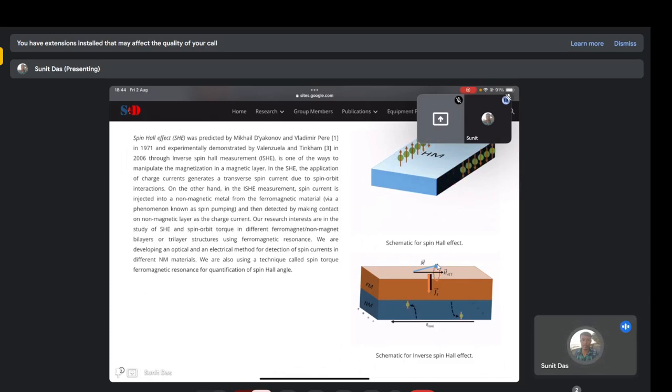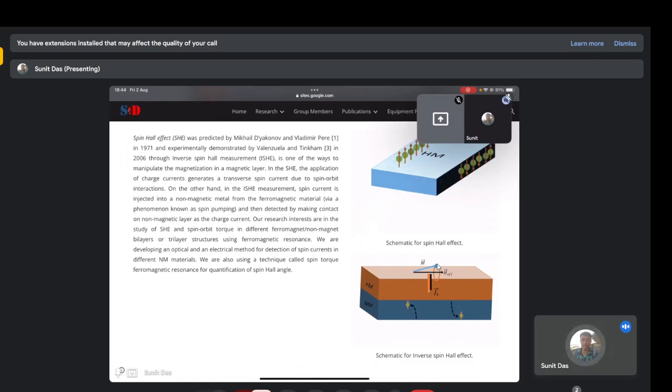From that material which shows the spin current, we pump those spins into another material, and then these spin currents actually create a voltage difference. So again, we are converting the spin currents back to the charge current, which we can easily measure, right, just by measuring the voltage.